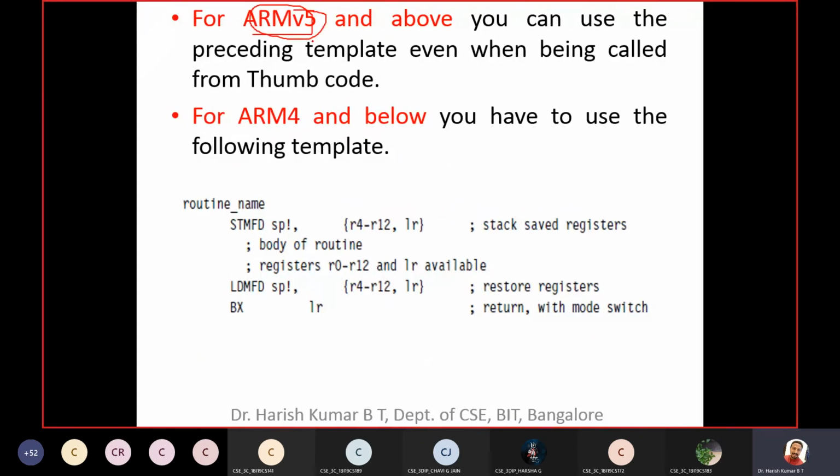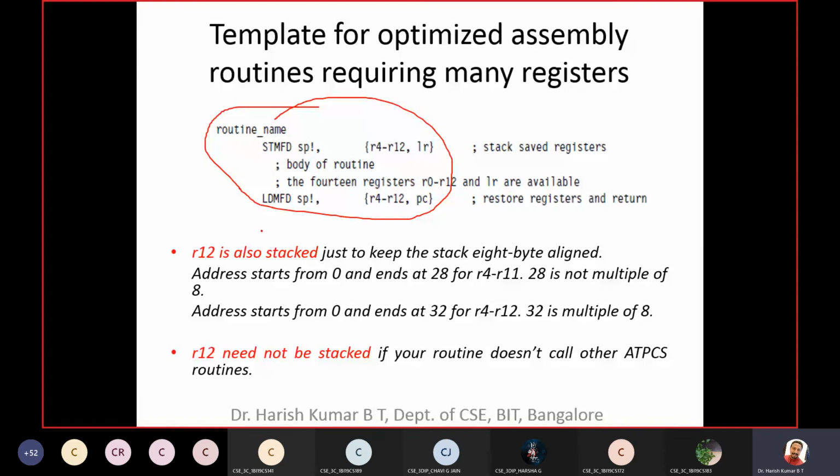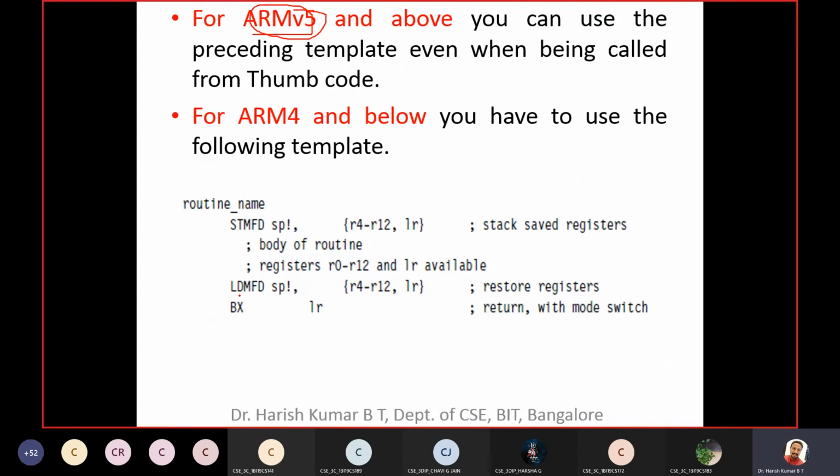But for ARM4 and below, we have to make use of the following template. Instead of this statement, after that statement we have to write BX LR. This is for the Thumb code.